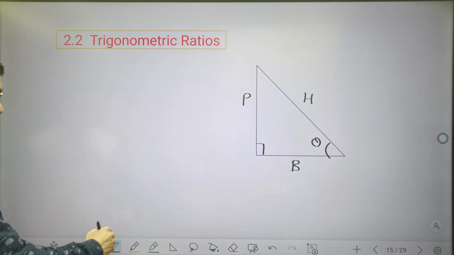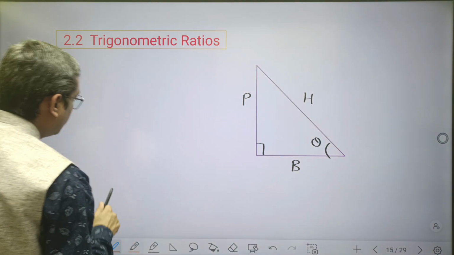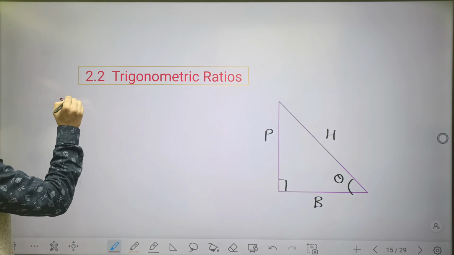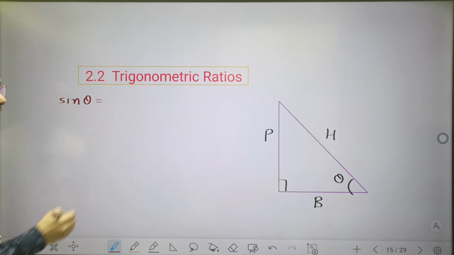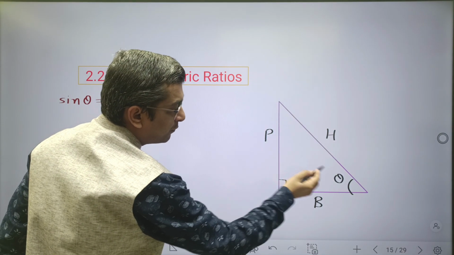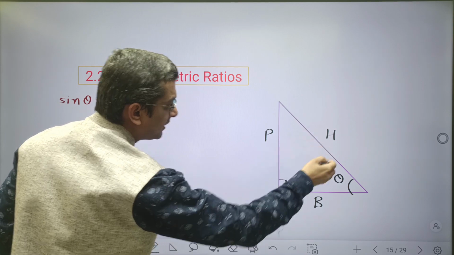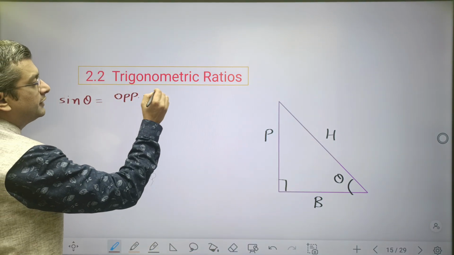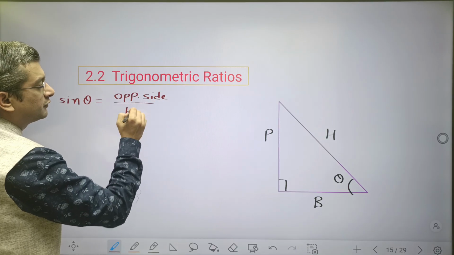Now there are 6 trigonometric ratios. The first one is sine theta. Sine theta is given by the side opposite to angle theta, that is opposite side by hypotenuse.